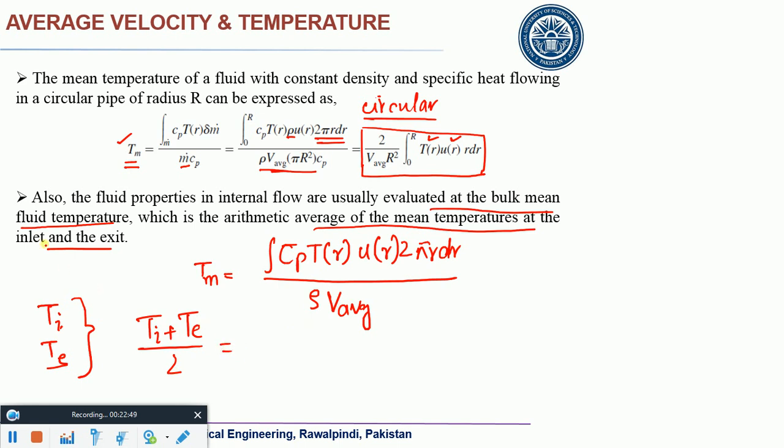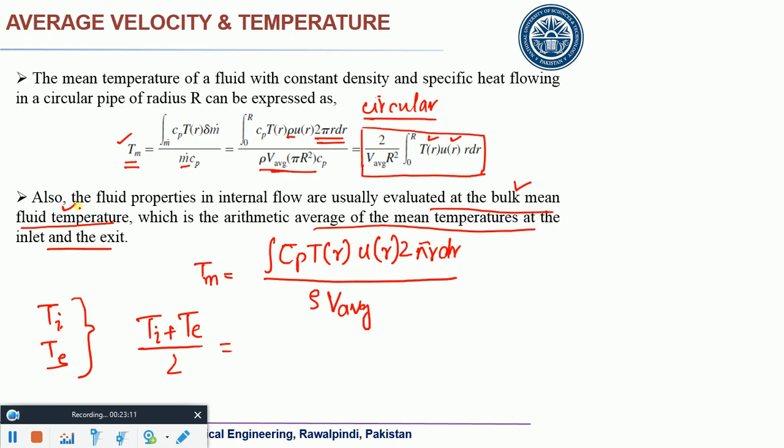Okay, and this is known as bulk mean fluid temperature. So remember, all those relations which we are going to study use their properties at this temperature. This is different from the previous film temperature. You remember that?